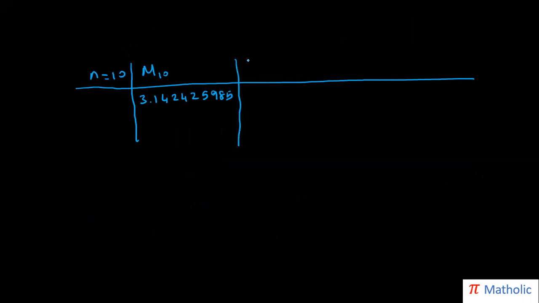For the trapezoidal rule, we got 3.139925989. And for the last one, we got 3.141592614.